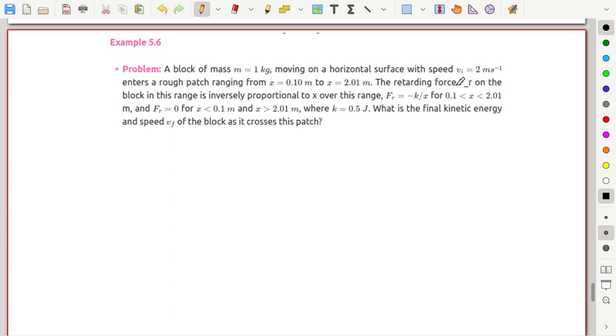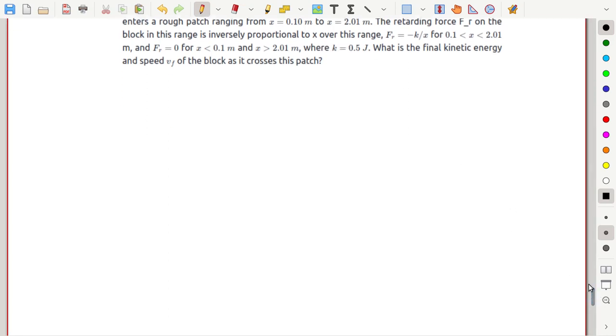The retarding force on the block in this range is inversely proportional to x over the range. So they give the form of the force, and this force is 0 outside the range from 0.1 meter to 2.01 meter. They also provided the proportionality constant k. So this is the problem.